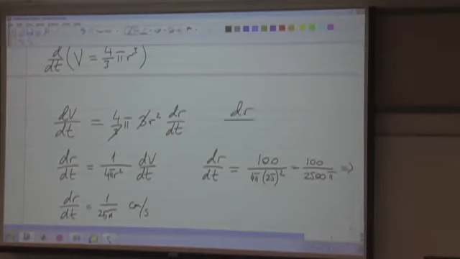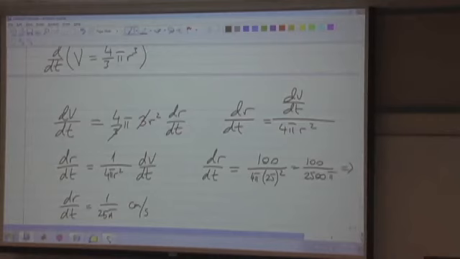If I write dr over dt is equal to dV over dt all divided by 4 pi r squared, is that better? Does that make sense? Well, it's the same thing. Think about x over 2 is the same thing as 1/2 times x. I just wrote the constant in front of the derivative because the derivative was already a fraction.